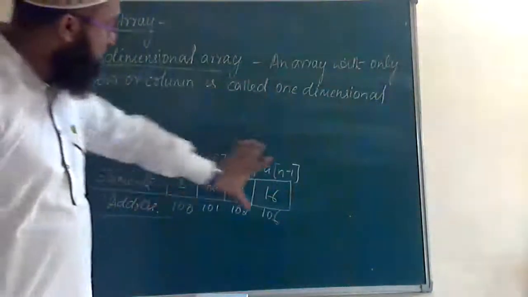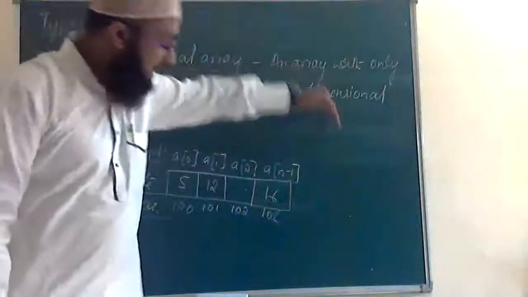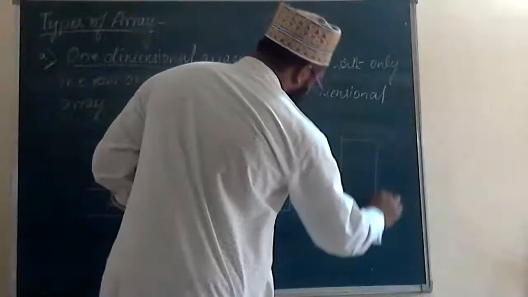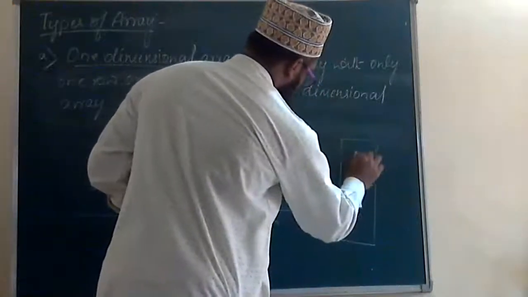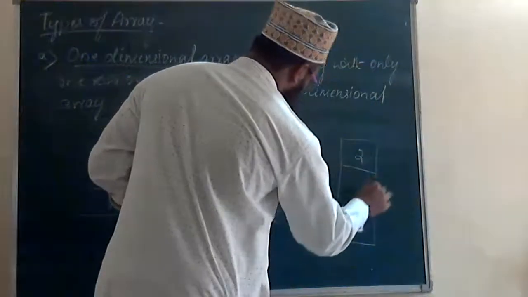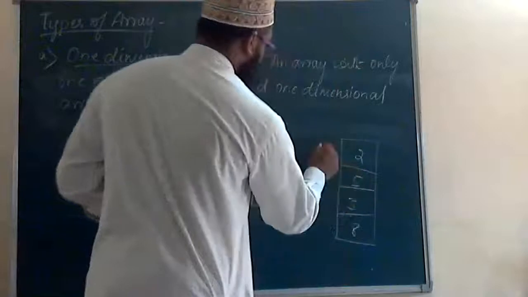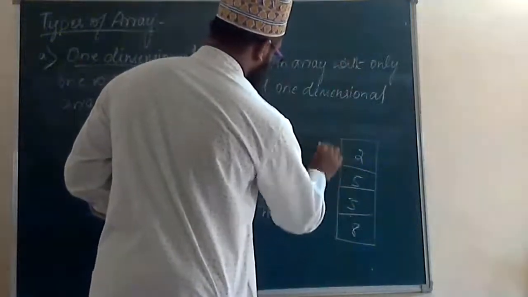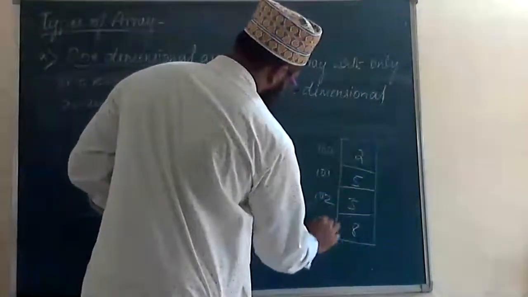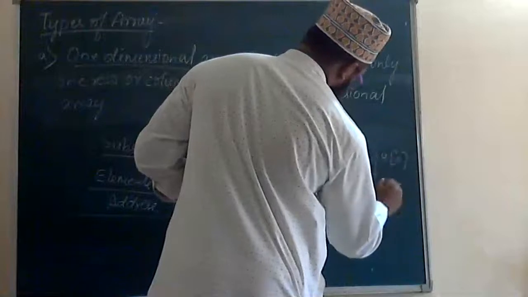Like this, you can see the array either in a single row or in a single column. We can write it column-wise also. We shall write like this: A, with any values, 2, 5, 3, 8. The addresses will be taken as 100, 101, 102, 103, and this can be taken as 110.